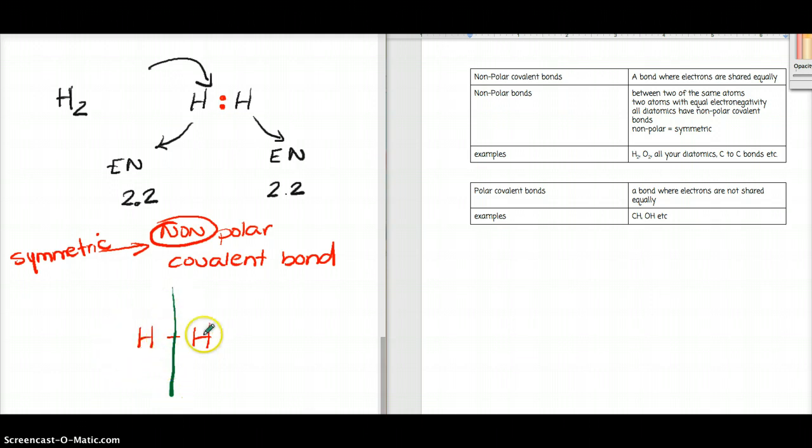The left side and the right side would be identical. And the top and the bottom would also be identical. So it's symmetric both left and right and top and bottom. And if you have a bond that is symmetric both top and bottom and left and right, you can now say that you have a non-polar covalent bond.